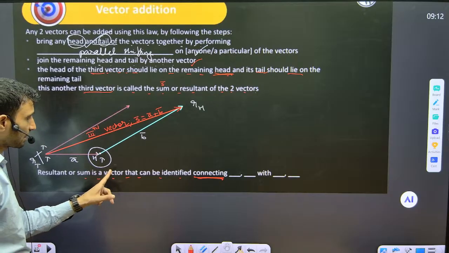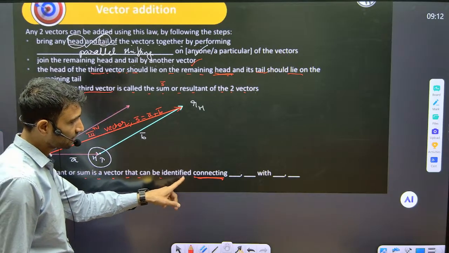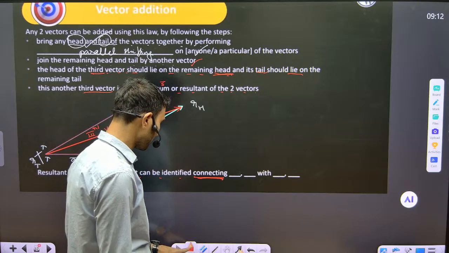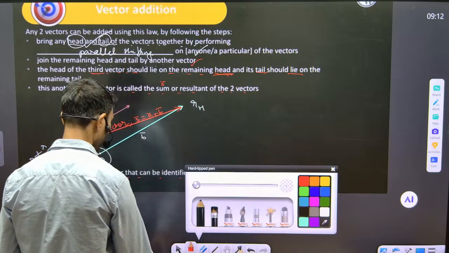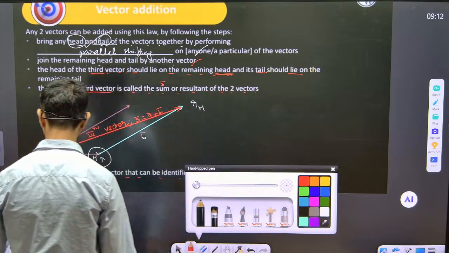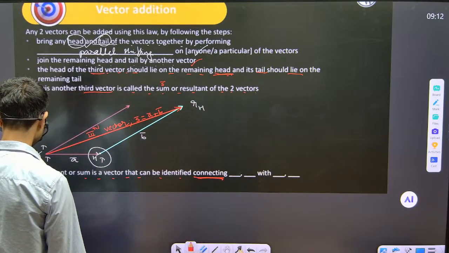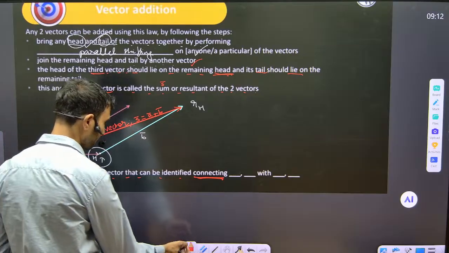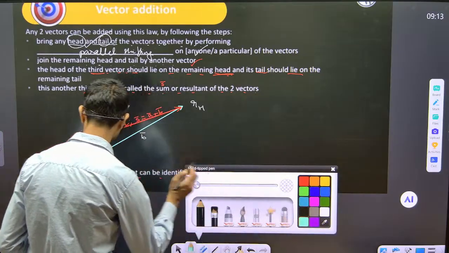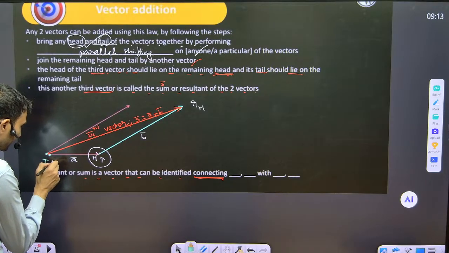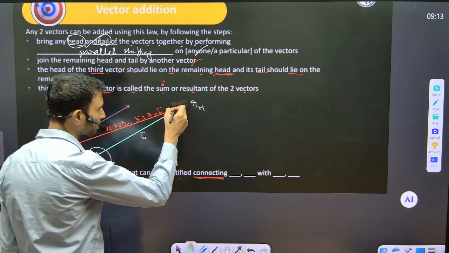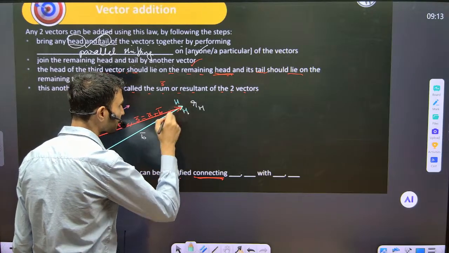Now sum or resultant is a vector that can be identified by connecting what? So you will notice here that what we have here is tail and tail, right? Both tails are here, and interestingly both heads are also here, right?